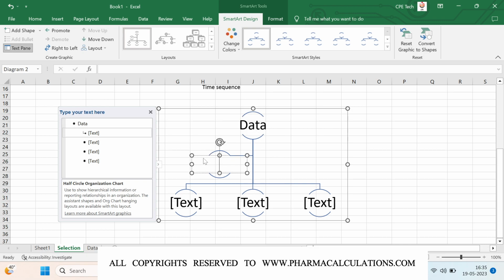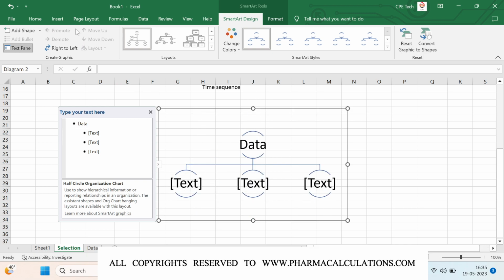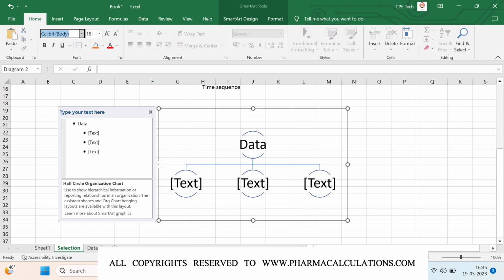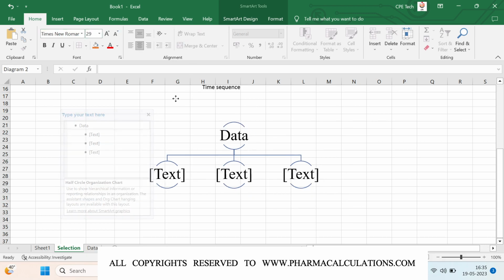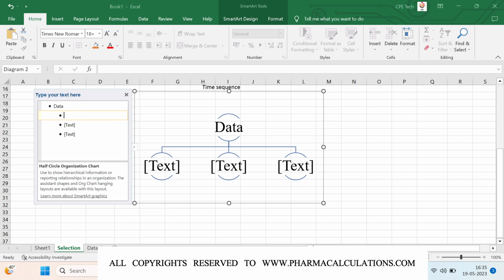This I don't want, I'll be removing. And in this data section we can classify it into two types. One is discrete and the second one is continuous.